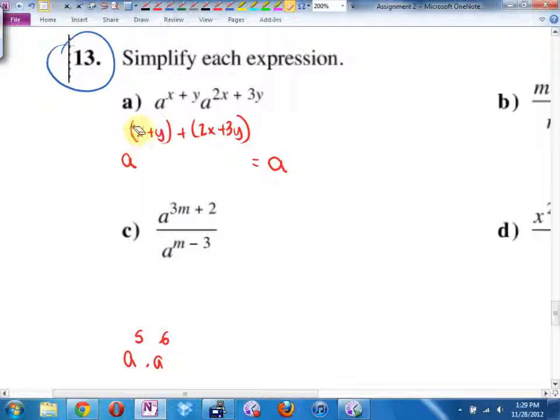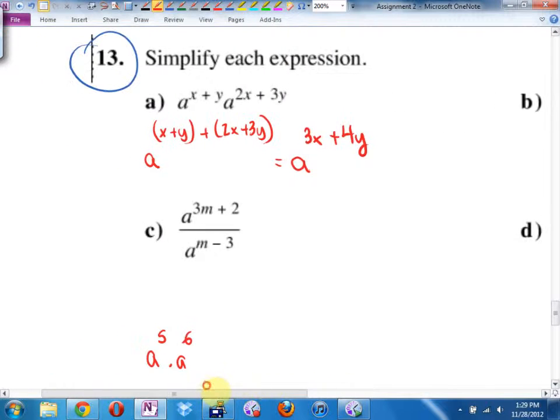So I can ignore it. Is there anything in front of the bracket right there? So I have x plus 2x. What is x plus 2x? 3 x's. What is y plus 3y? You know what? That apparently simplifies to 3x plus 4y.